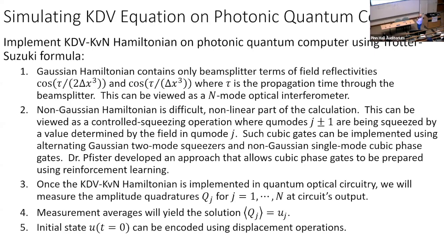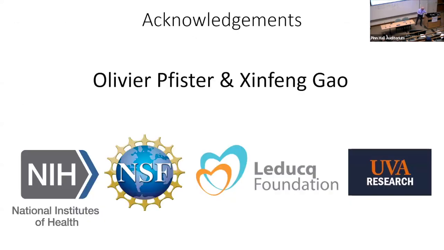We're going to apply this using the Trotter-Suzuki formula, doing P steps. Then at the end, we just make measurements, and that's going to be the averages, just like I told you. We calculate expectations, and that's going to be the evolution of the equation. So we're going to solve it on a photonic quantum computer, and I want to thank Olivier and Jinfeng, and thank you.